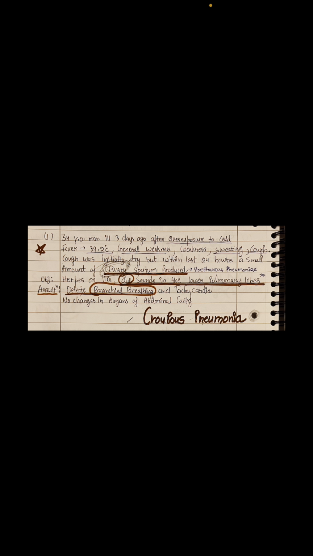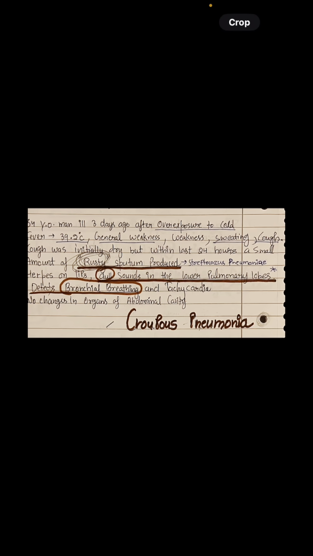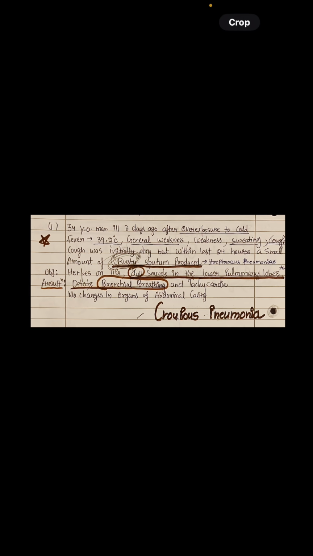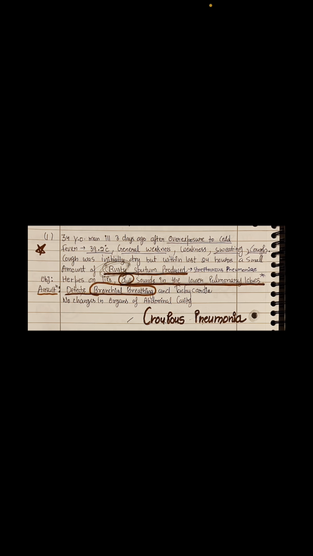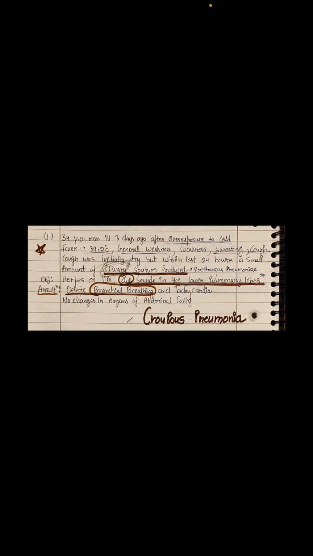In such cases of rusty sputum, the pathogen behind it is Streptococcus pneumoniae. Rusty means some sort of RBCs are there, and that's how the sputum got rusty. Objectively, the patient has dull sounds in the lower pulmonary lobes, and auscultation detects bronchial breathing. So remember, when the question talks about rusty sputum, this is the profile of croupous pneumonia.